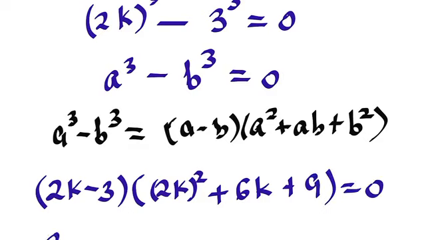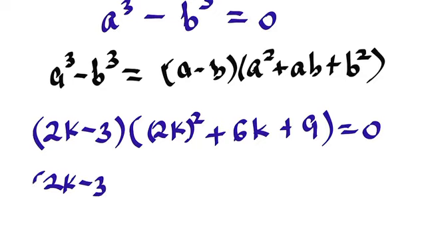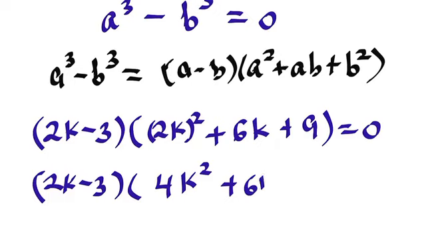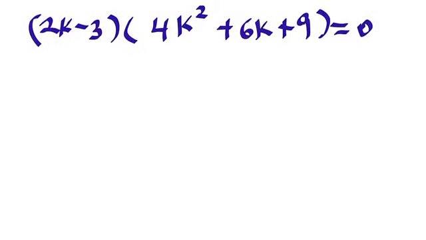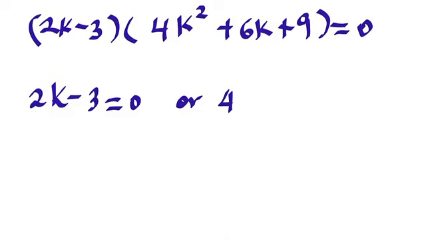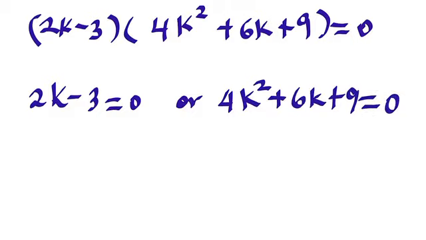So we're going to have 2k minus 3, then 2k all squared, which is 4k squared, plus 6k plus 9. Then everything equals 0. Alright, so moving on, this is a zero-form equation, so we have 2k minus 3 equals 0, or 4k squared plus 6k plus 9 equals 0.